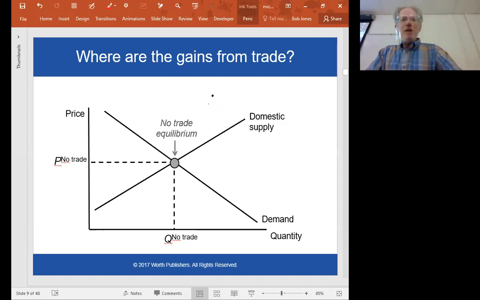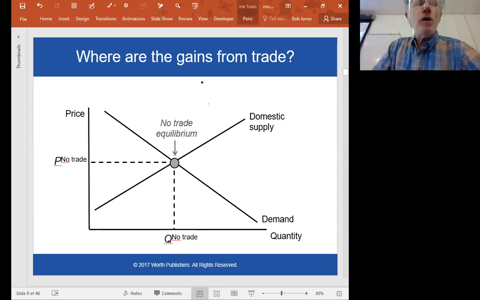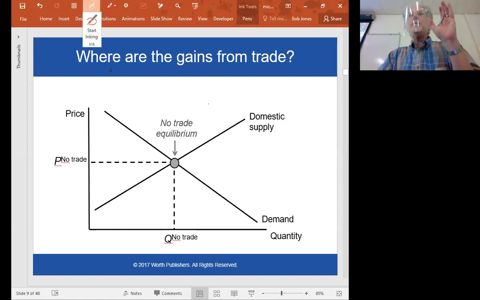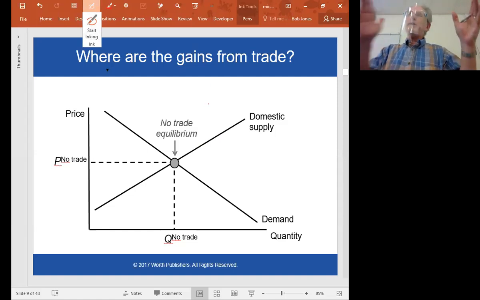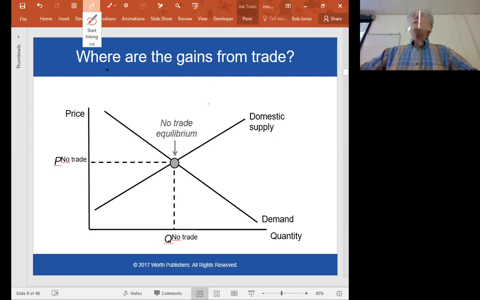All right, so to review what we did last time, we're thinking about trade. We said that a trade is a trade is a trade, whether you're trading with somebody across the street or on the other side of the world, the same basics apply. And so we started out saying, well, what if we have a country where they can't trade with anybody in any other country?